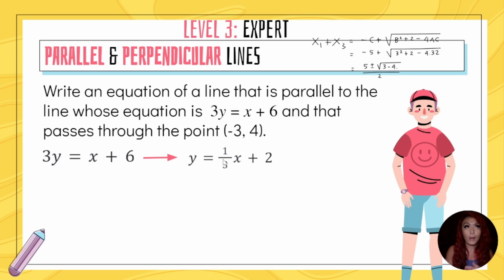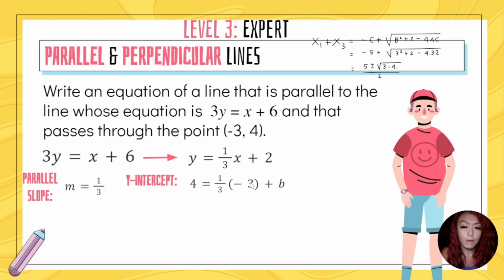So if we're trying to write an equation of a line that's parallel to this one, we know our parallel slope also has to be 1/3 because parallel lines have the same slope. Now, the second part of the problem states that it's a parallel line, but it also passes through the point -3, 4, right? So -3 is our x value, 4 is our y value.